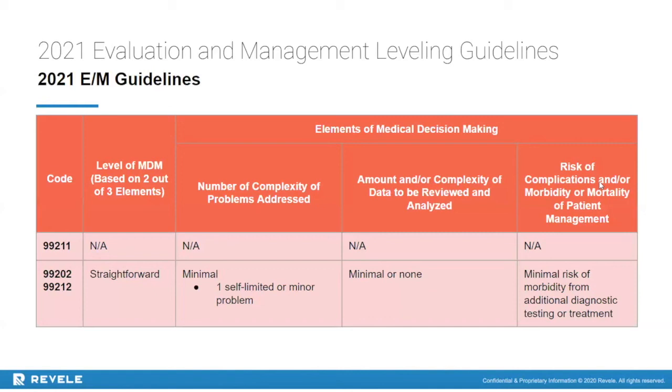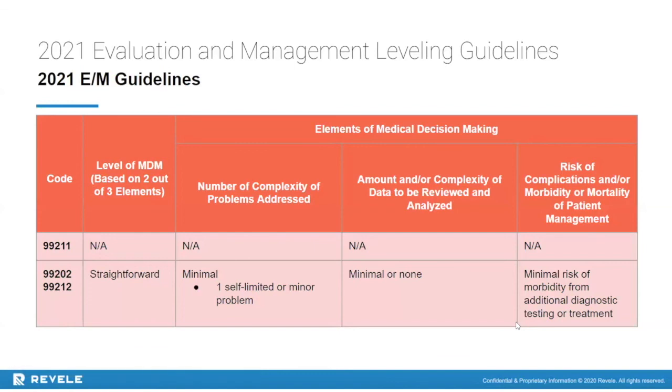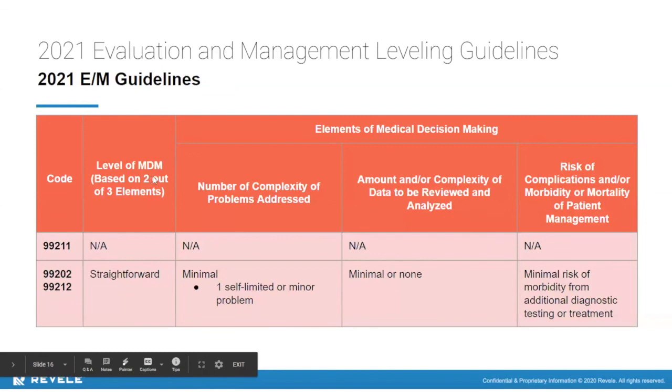The next level is 99202 and 99212. It requires straightforward medical decision making and will need 2 of the 3 components.